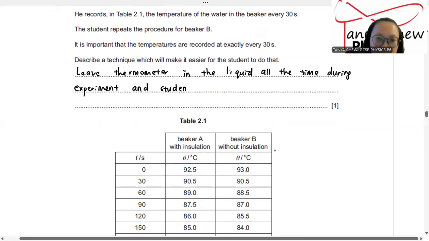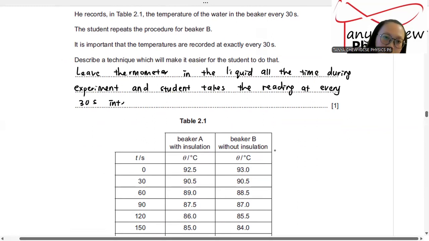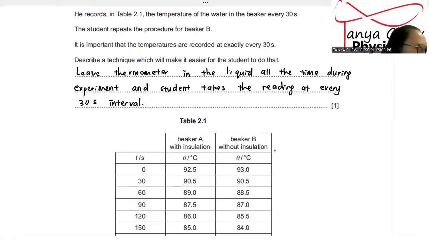Students take the reading at every 30-second interval. So you don't have to do a lot of work. You just leave it there. You time yourself using a stopwatch and take the reading close to 30 seconds, then look at the readings.